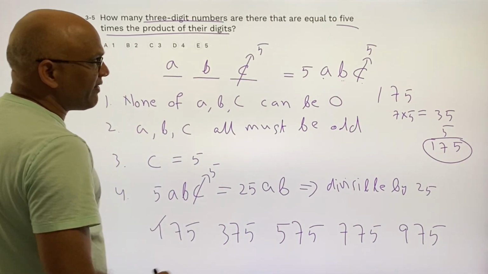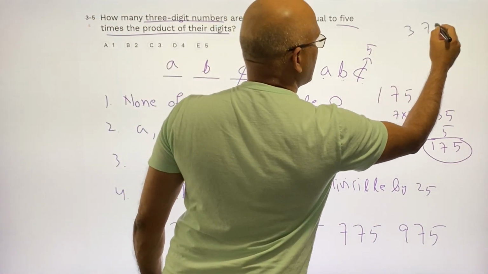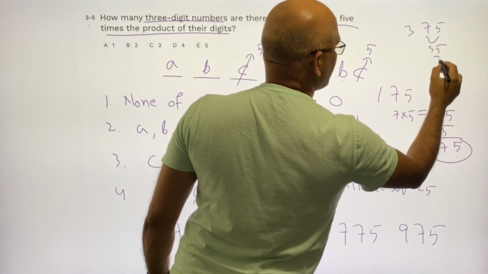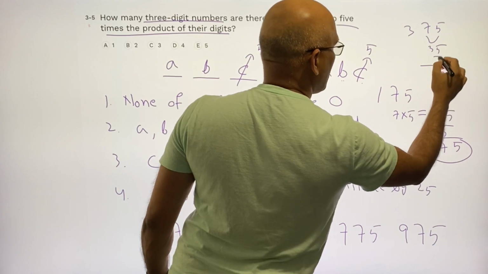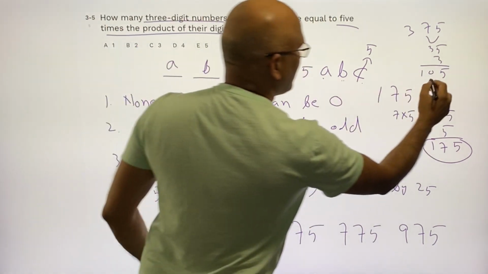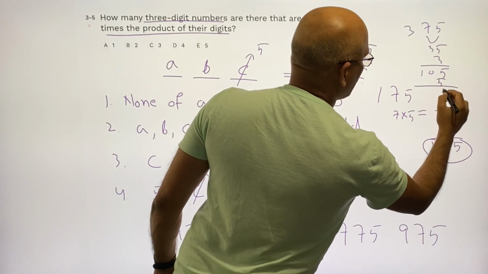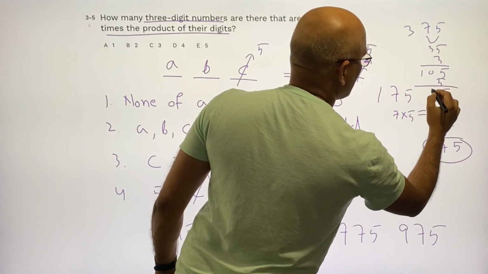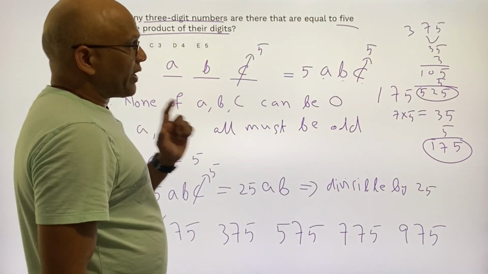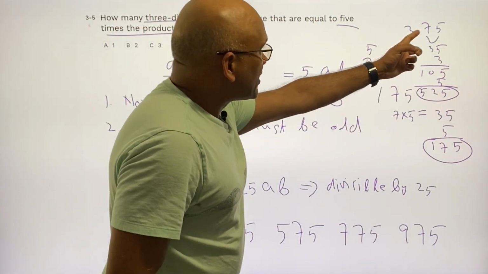We can check 375. 7 times 5 is 35, times 3 is 105, times this 5. So this is going to be 525. We started with 375.